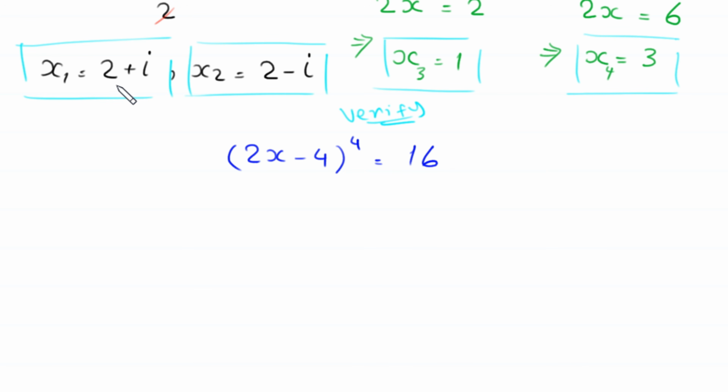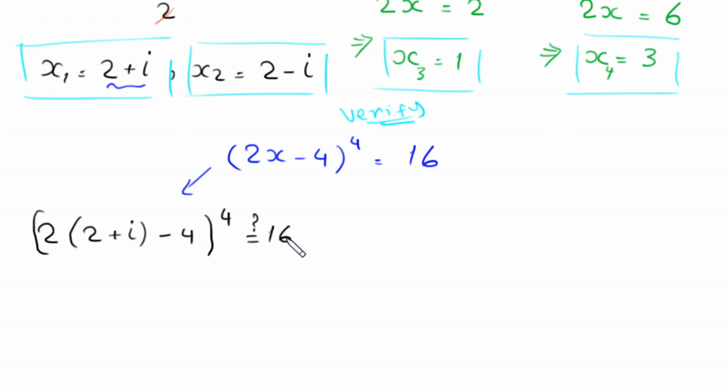When x is equal to 2 plus i, then this equation will become (2 times (2 plus i) minus 4) whole to the power 4, is it equal to 16?